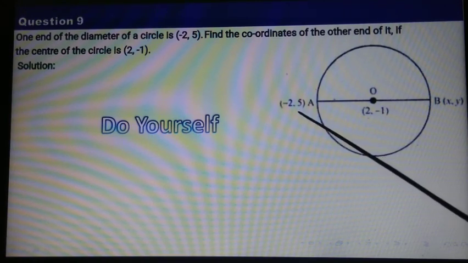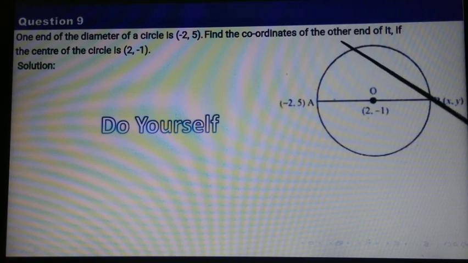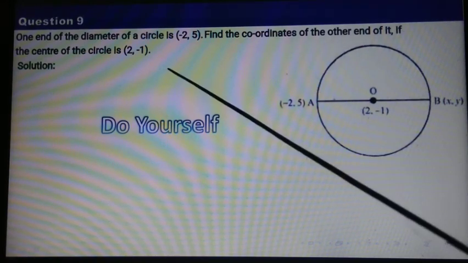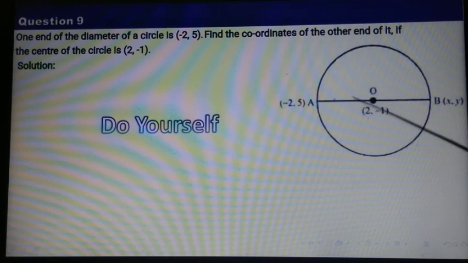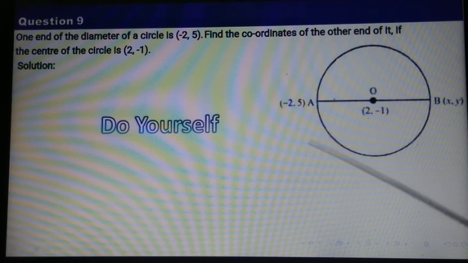Find the coordinates of the other end of the diameter if the center is (2, -1). So you need to find the coordinate of B. If you take this to be (x, y), again it's similar to question number 2. So please try this at home.